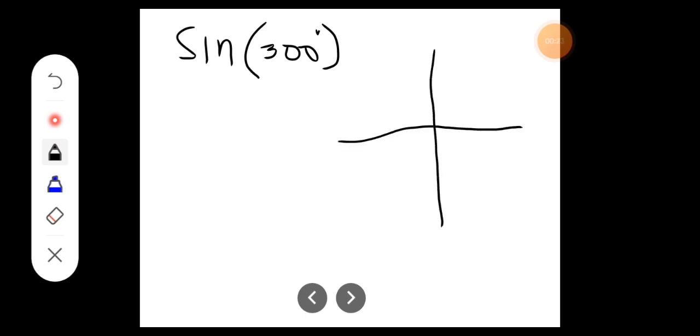So here is 0 degrees, 90 degrees, 180 degrees, 270 degrees, and also here is the 360 degrees. So 300 is close to 270.